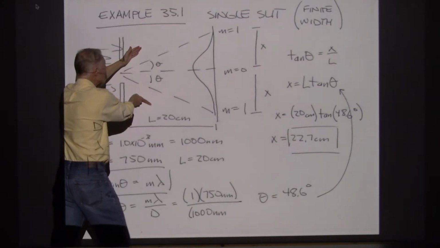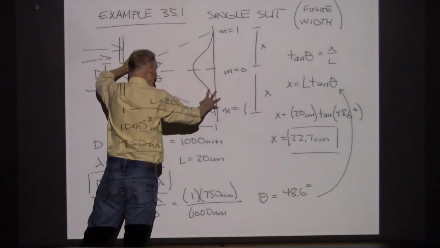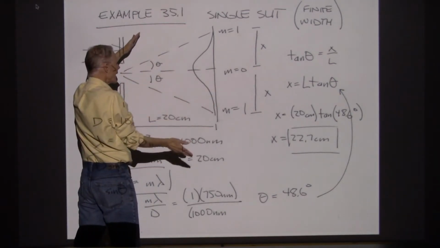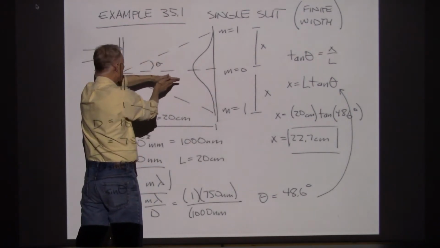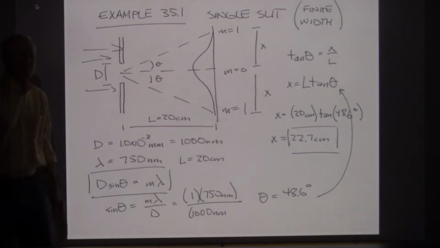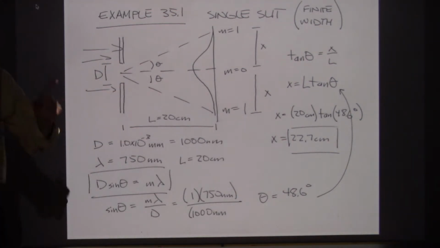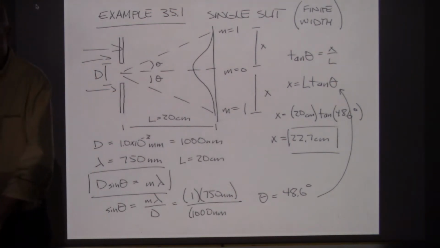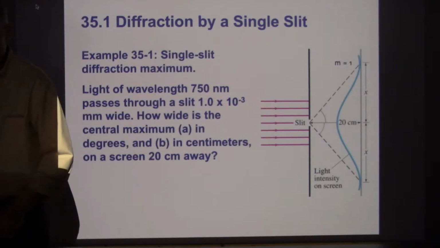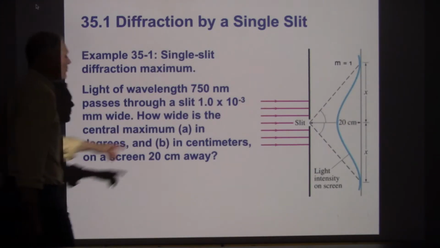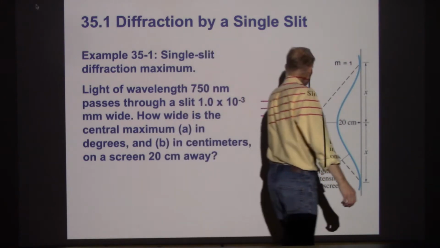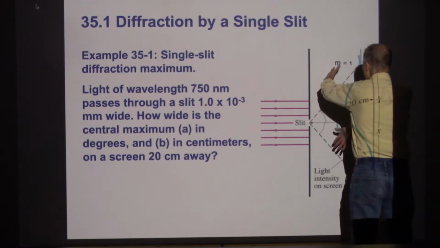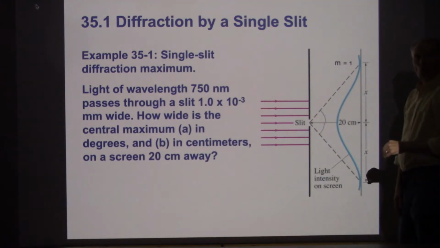And by angles, I mean, does the interference pattern spread out or does it get narrower as I make these smaller? If we go back to the beginning of chapter 34 when we first looked at this, what we showed was as these openings get smaller and smaller, the path of the light spreads out more and more.